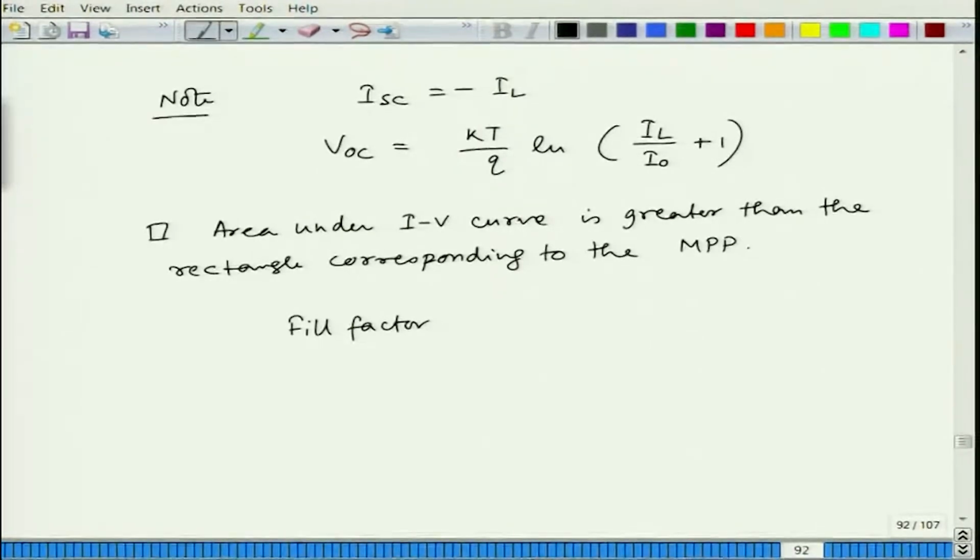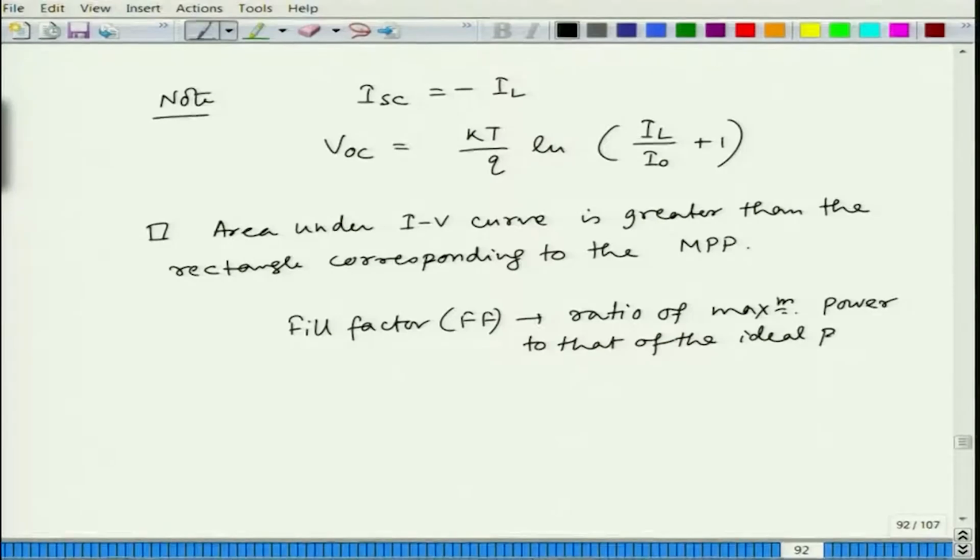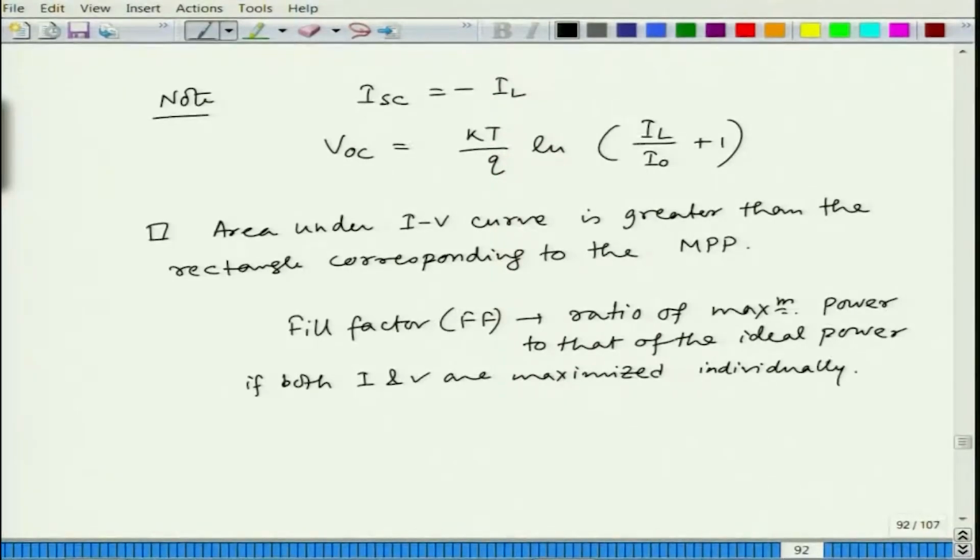So, this fill factor, which is called FF, is the ratio of maximum power to the ideal power if both I and V are maximized individually, right, and that means your fill factor is VmIm, which is the area under that rectangle, divided by VOC into ISC, and you can see it is often less than 1.